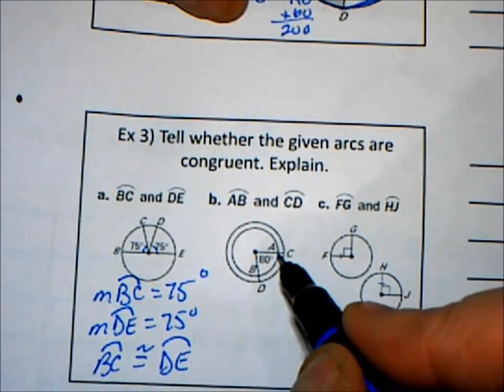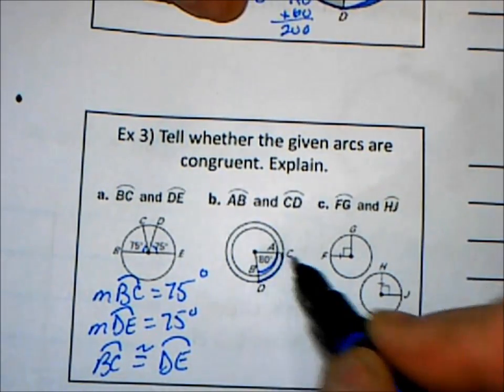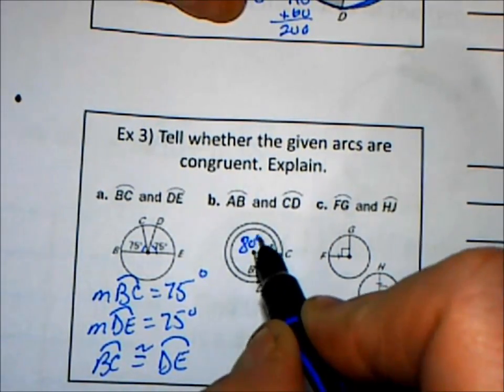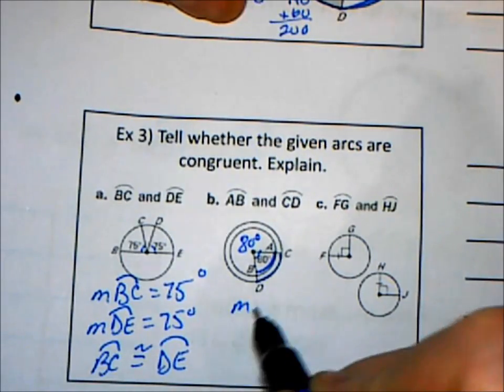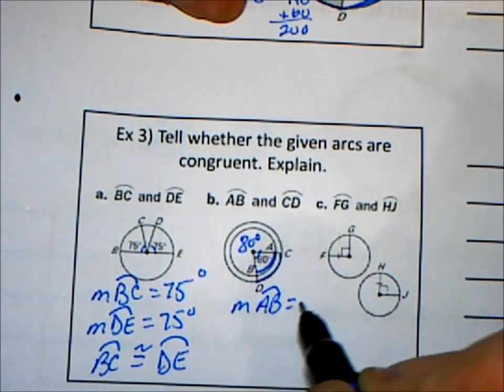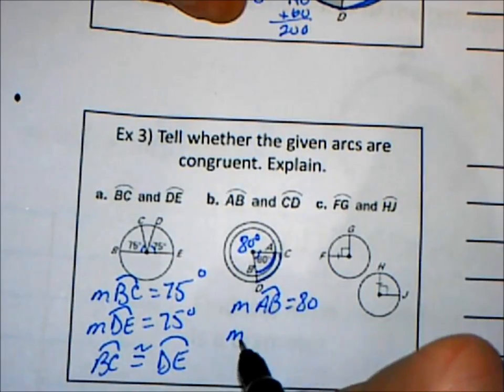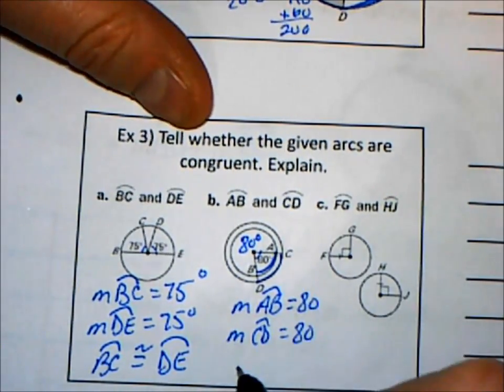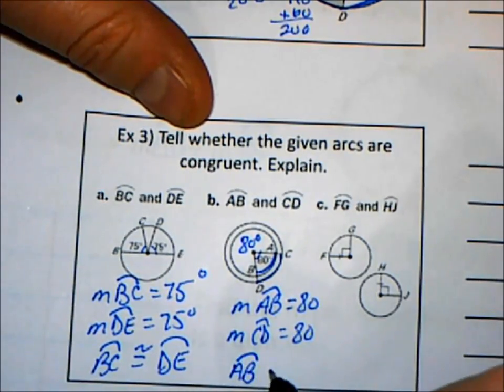On the second one, we have concentric circles, one inside the other. The central angle here is 80 degrees. That means the arc AB is 80 degrees. And that also means the arc CD is 80 degrees. Therefore, AB is congruent to CD.